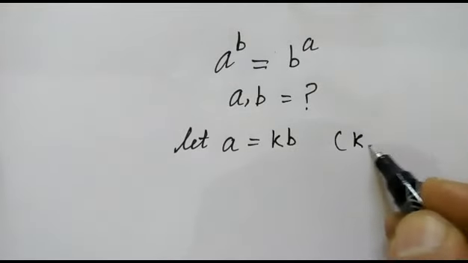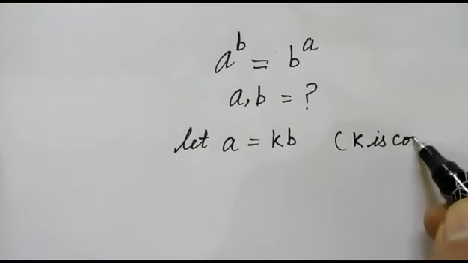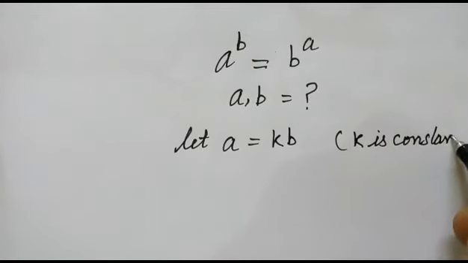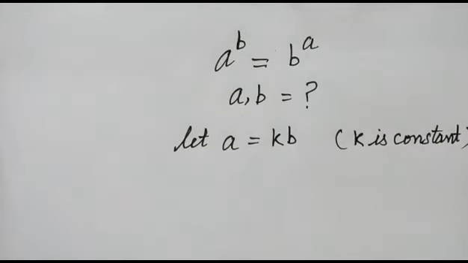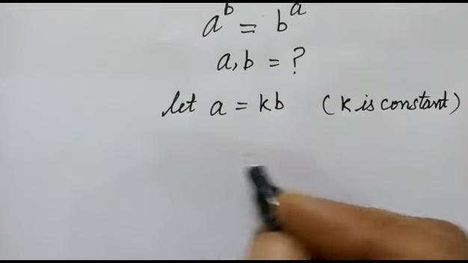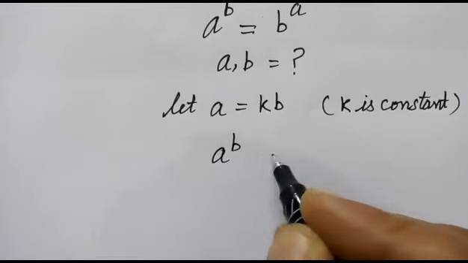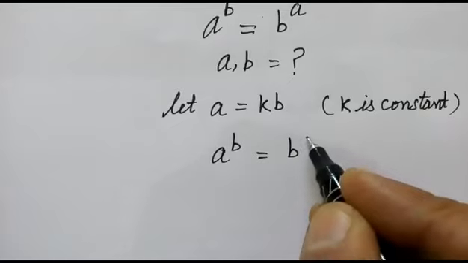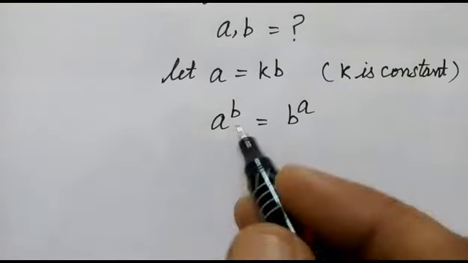Here k is constant. So a to the power b is equal to b to the power a, as given.